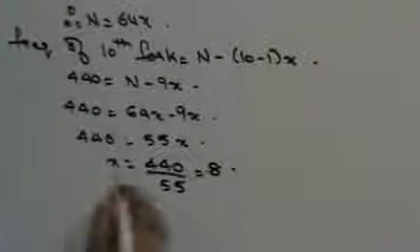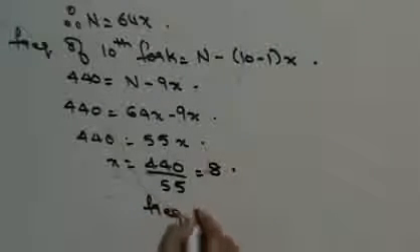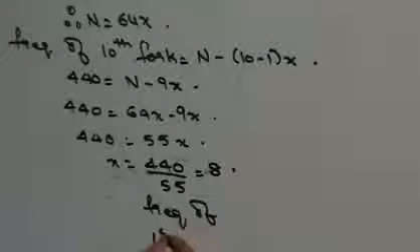They've asked me to find the frequency of the first fork. Frequency of the first fork is n, and n is nothing but 64x. So that will be 64 into 8, which is 512 Hertz. What else have they asked me? Frequency of the last fork.